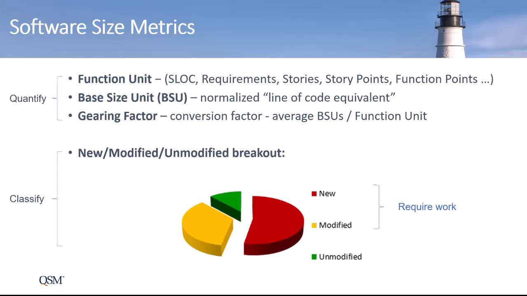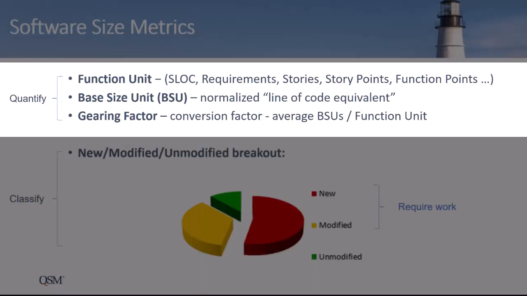For over 47 years, QSM has been collecting and analyzing software size data. These are the metrics we use. 3 metrics are used to quantify size. Function unit, a countable entity used to capture estimated or delivered size, for example 310 requirements or 875 function points. The base size unit is a normalized line of code equivalent.